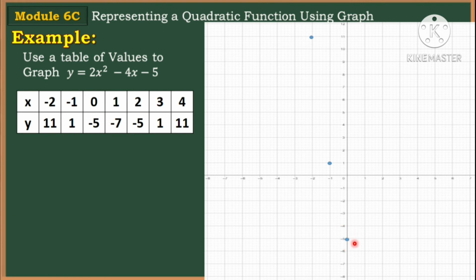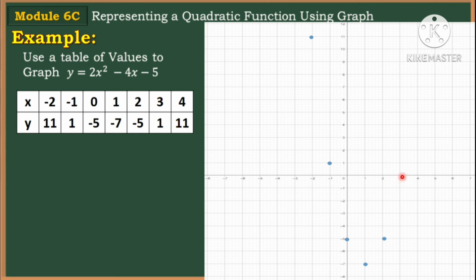So, andito yan. Next, ang x ay positive 1, y ay negative 7. So, dito lang sa tapat niya, ito yon. So, negative 7. Next, pag 2, positive. So, ito ay x ay 2, y is negative 5. So, andito sa tapat ng negative 5. Ayan. Next, pag 3, x ay 3.